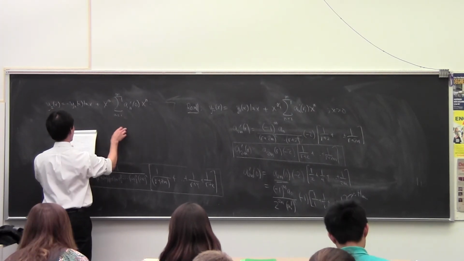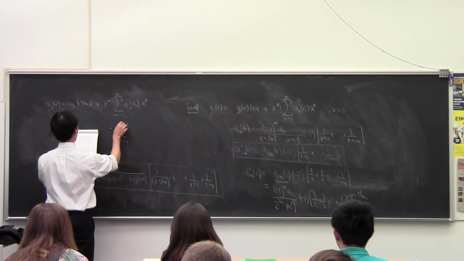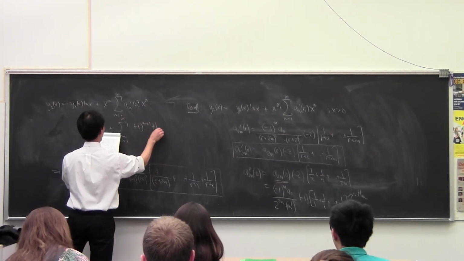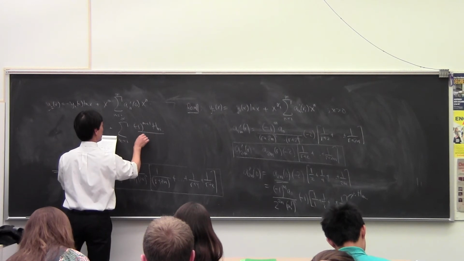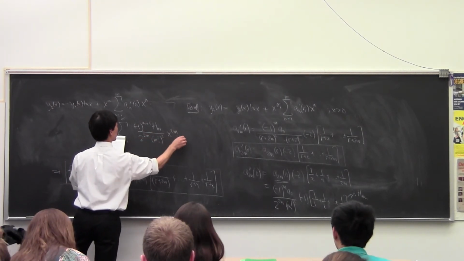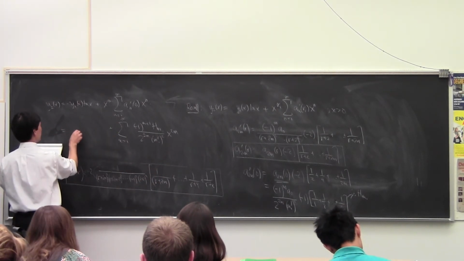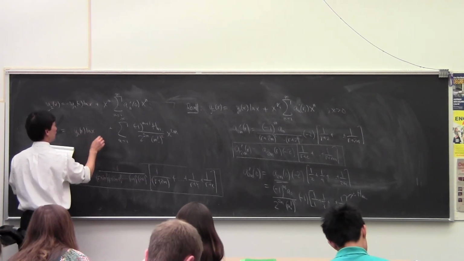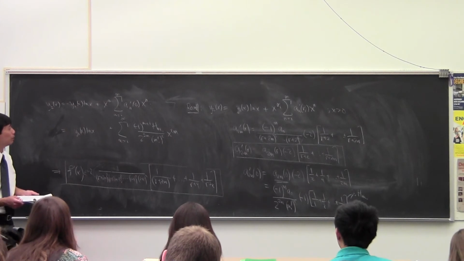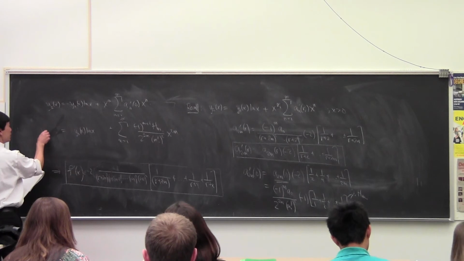The even terms look like this: n from 1 to infinity, negative 1 to the n plus 1, h sub n over 2 to the 2n, n factorial squared, x to the 2n. And the only thing left to do is, this actually is the end.